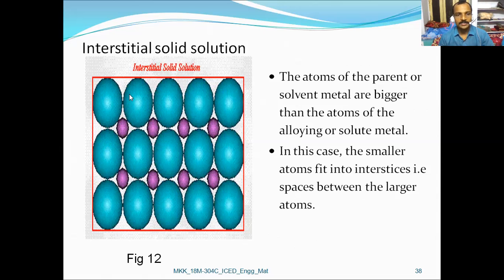If we consider these four solvent atoms, this is the interstitial space created, and the solute should be small enough to fit into the interstitial gap of the solvent atom combination. That's why this is known as an interstitial solid solution. In this case, the smaller atoms fit into the interstices, that is, the spaces between the larger atoms.